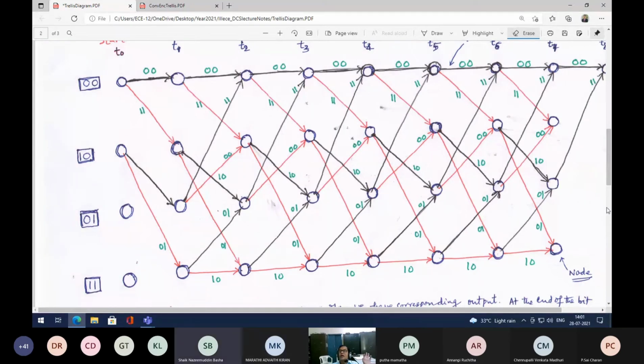Yes, sir. Lahari, are you there? Yes, sir. Lahari, tell me, did you understand? Yes, sir. So what exactly you are doing? Tell me, how are you doing the decoding?